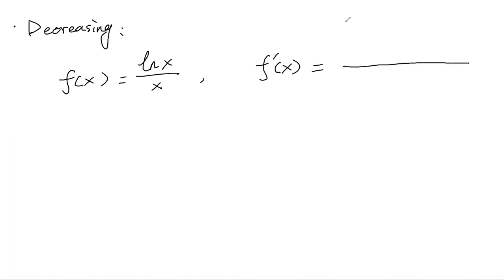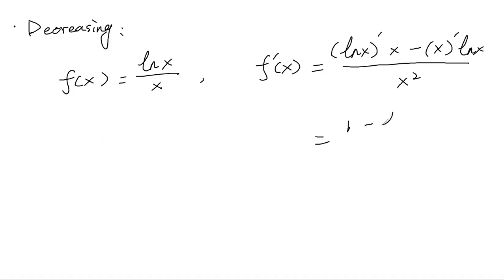Since we have f of x equals natural log of x divided by x, let's see. So f prime of x, use the quotient rule. This is equal to natural log of x prime times x minus x prime times natural log of x, divided by x squared. Natural log of x prime is 1 over x, so that times x is 1.